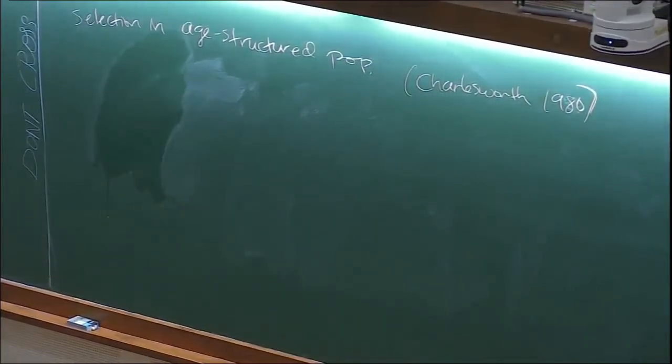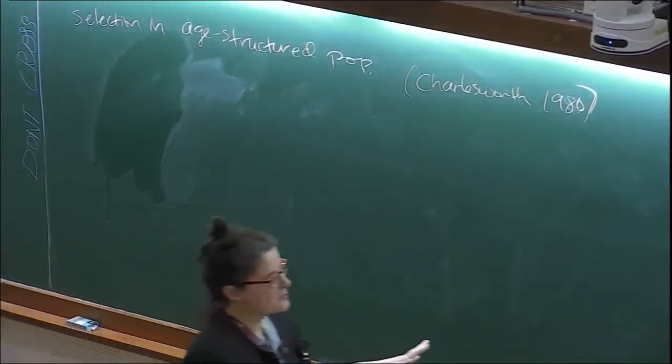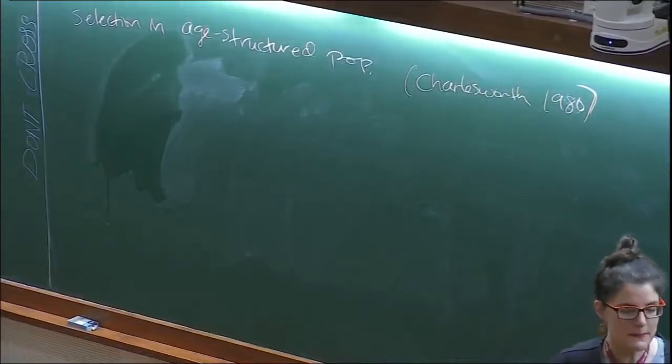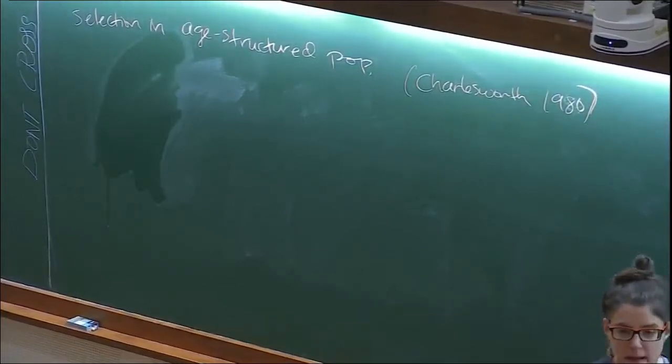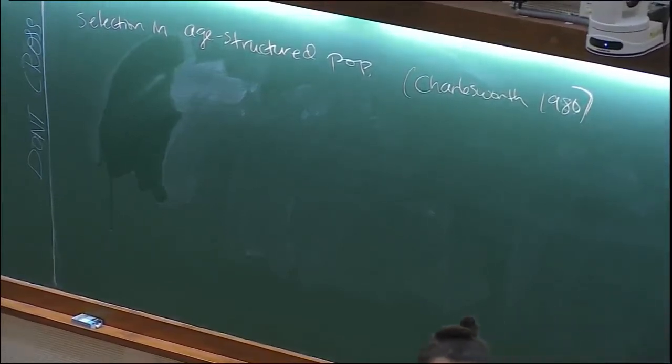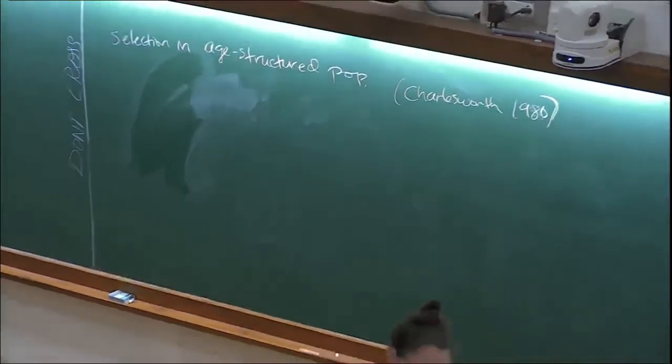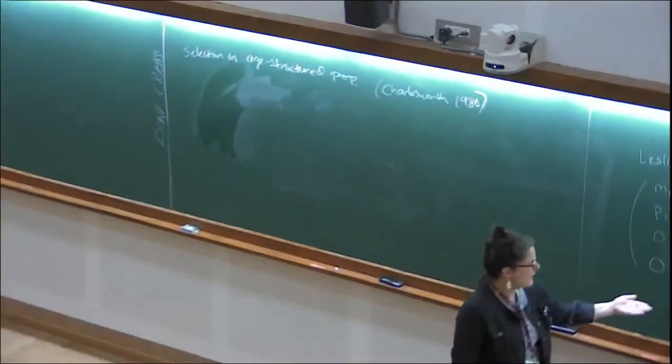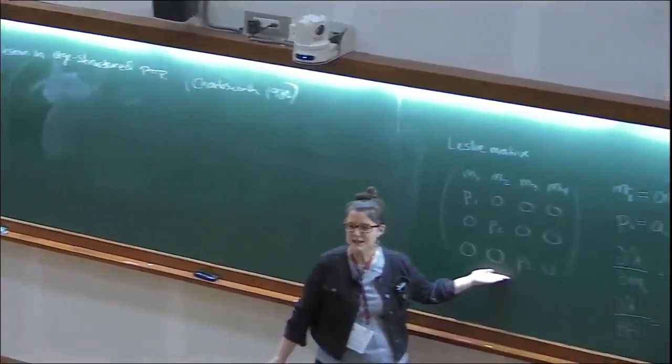So now we're going to do something a little different. We've had, for an age-structured population, a Leslie matrix, and this has been agnostic, we have not cared about the genotype or anything. But now what if we had a belief that there's a single locus, for all of today, that has an effect on the entries of this matrix?